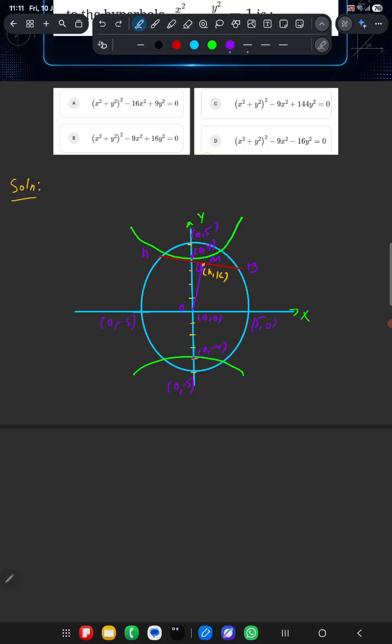So let us start. Our equation of the circle is x squared plus y squared equal to 25.